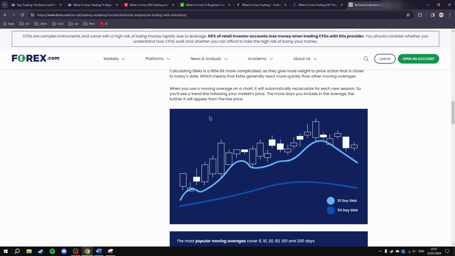When you use a moving average on a chart, it will automatically recalculate for each session, so you see a trend line following your market's price. The more days you include in the average, the further it will appear from a live price.